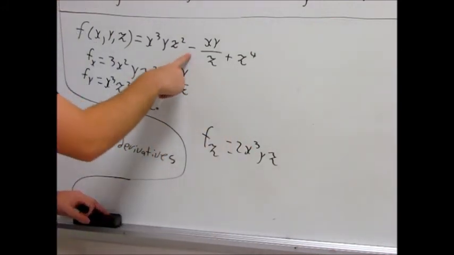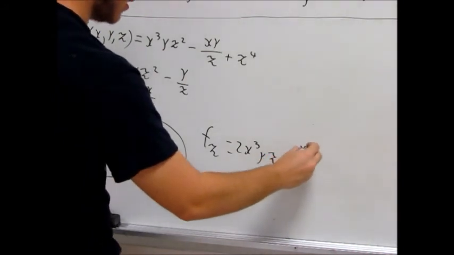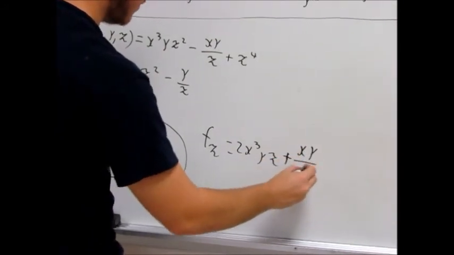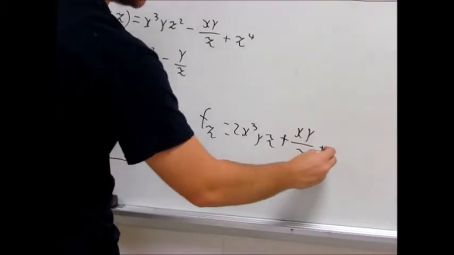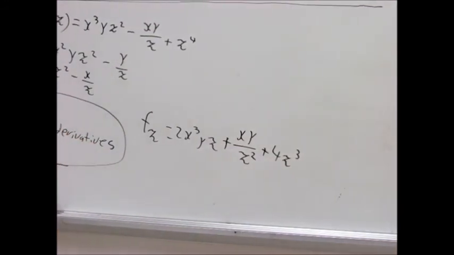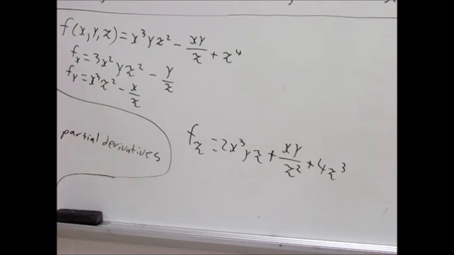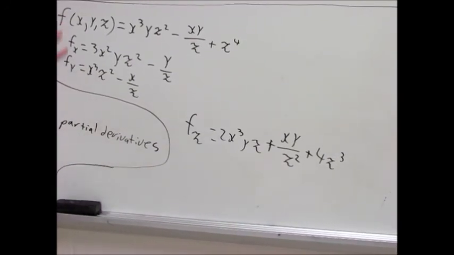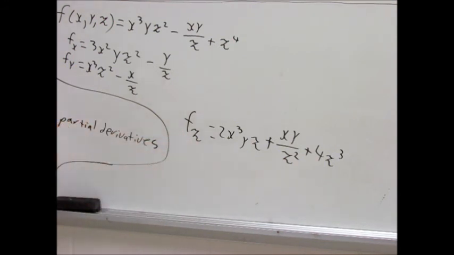So this will be minus, but this will be a negative, so it will be a plus xy is a constant divided by z squared, and then plus 4z cubed. You can see that you can do it with any number of variables, and taking the partial derivative, simply you ignore every other variable except for the variable that you are taking the derivative of and treat it as a constant.